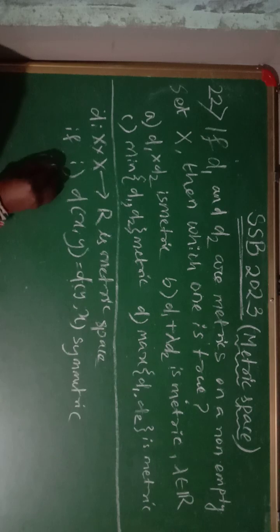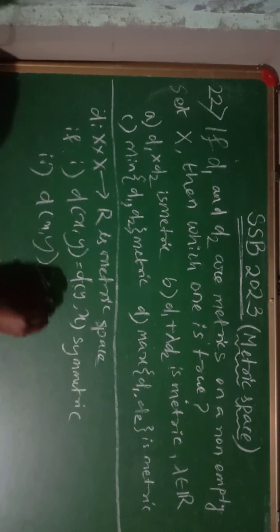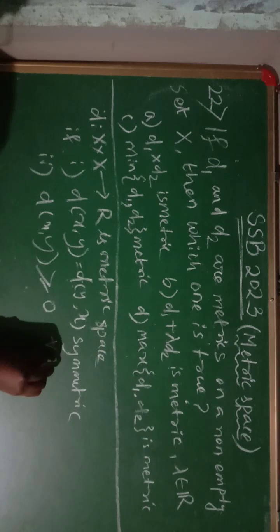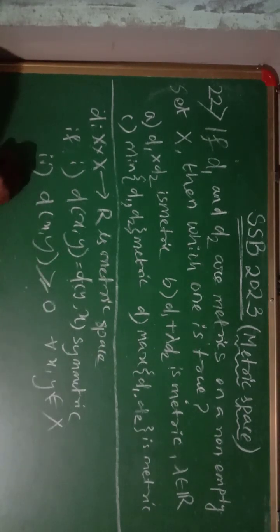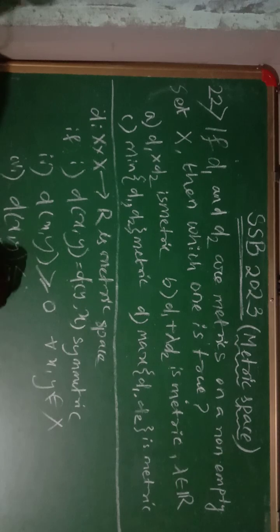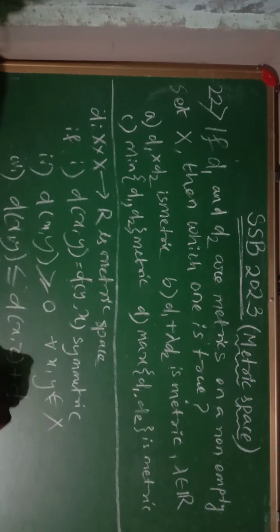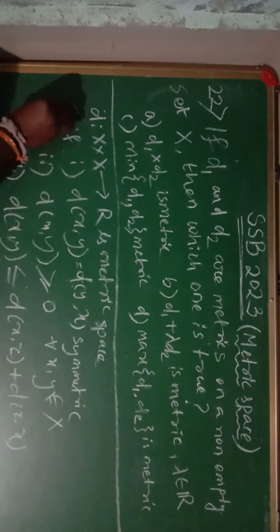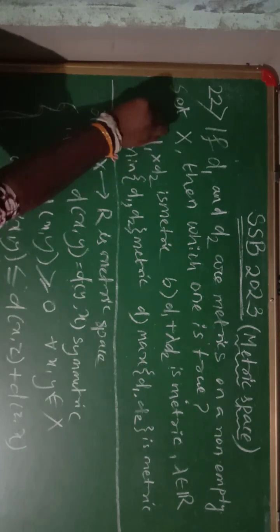Second property, D of X comma Y is always greater than or equal to 0 for all X, Y belonging to capital X. And the third property, the triangular inequality: D of X comma Y is less than or equal to D of X comma Z plus D of Z comma Y. So we have to verify these three properties for each option.